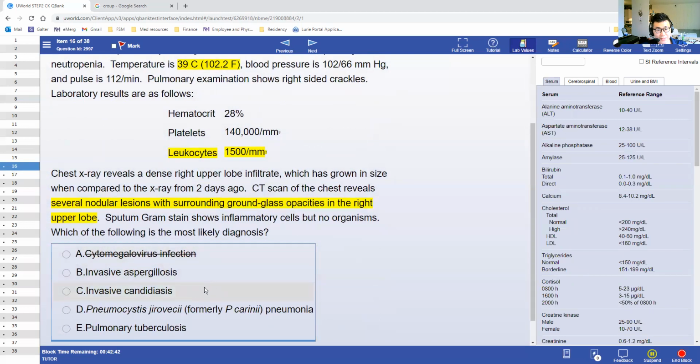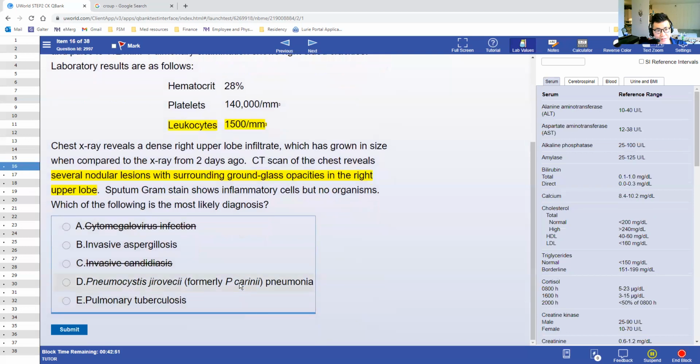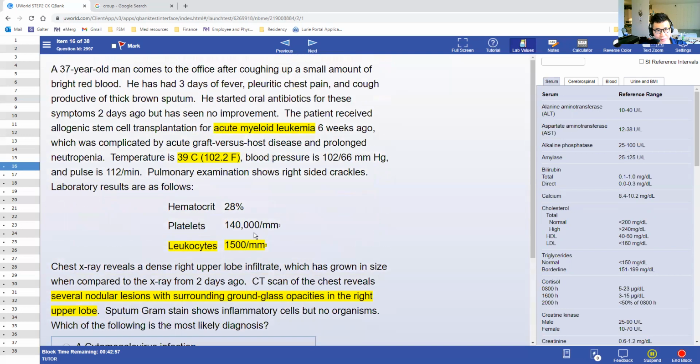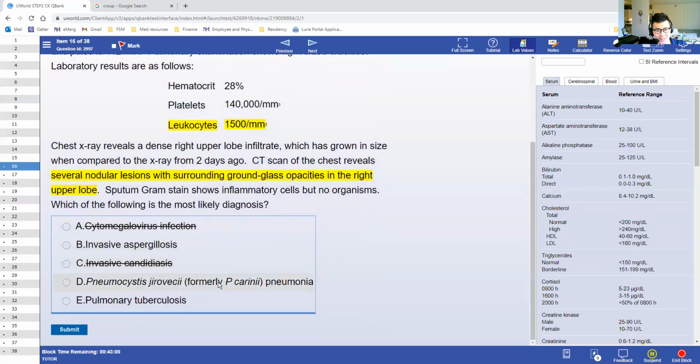Invasive candidiasis, I feel like you'd see something on gram stain for that. Pneumocystis jirovecii is usually a diffuse disease in very badly immunosuppressed people. Obviously this person's immunosuppressed, but it causes changes in more areas.